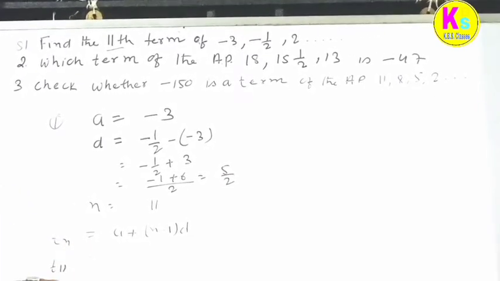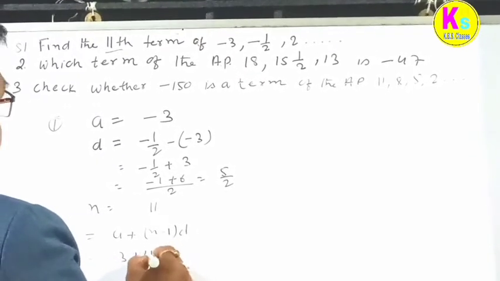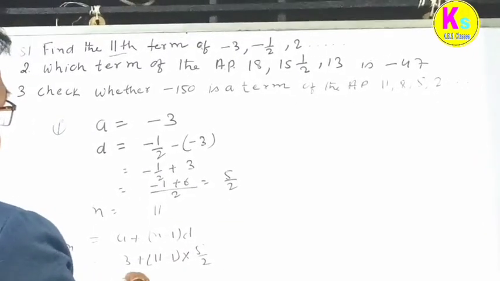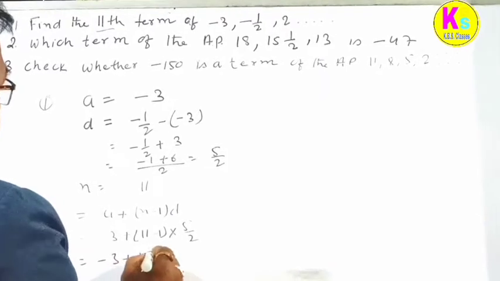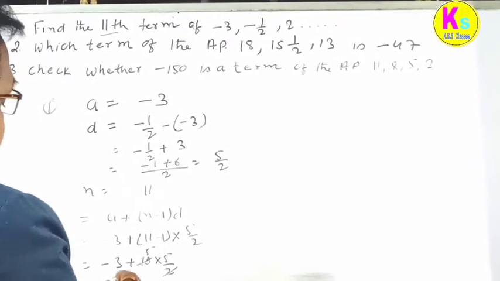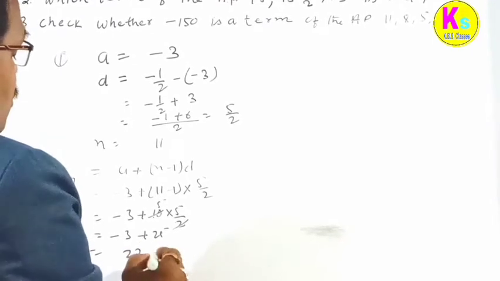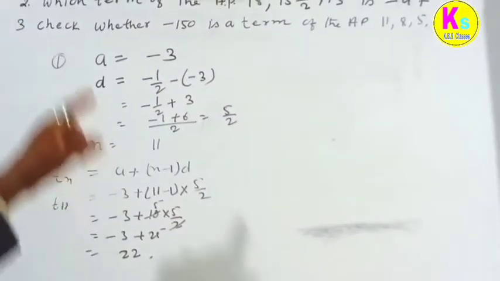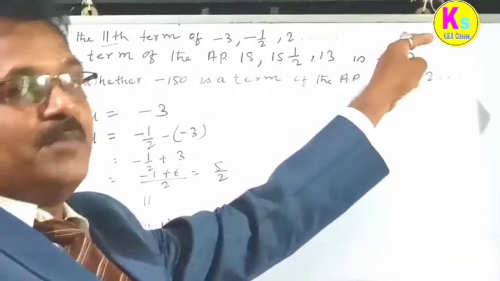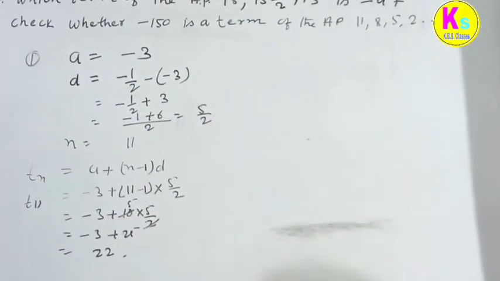In place of n we are taking 11. a is -3, plus (11 minus 1) into 5/2, is equal to -3 plus 10 into 5/2. 2 fives are 10, so -3 plus 25 is equal to 22. So this is the 11th term. When you write this in the same series, at the 11th number you will get 22. This is the answer. Now come to the second one.